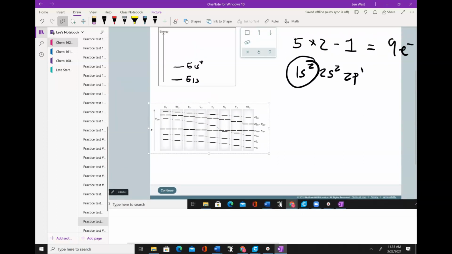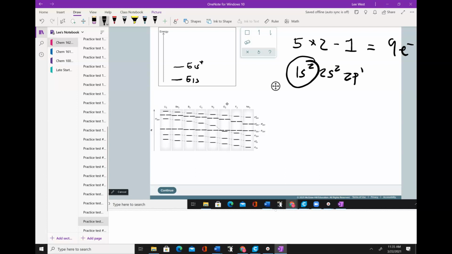What we can see is we've got to be a little mindful. Remember that the order of the pi 2p and the sigma 2p flips halfway across the p block. So it's going to be a little different from what we had for oxygen.